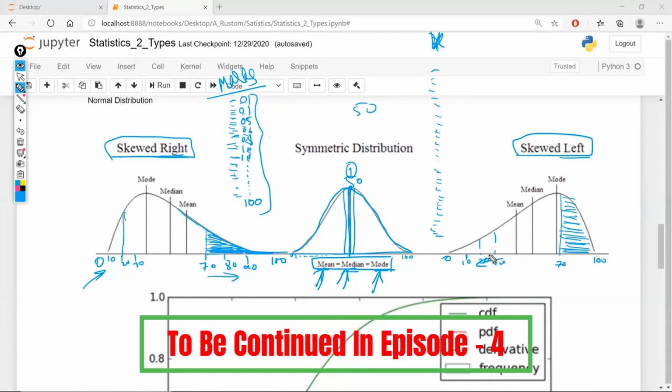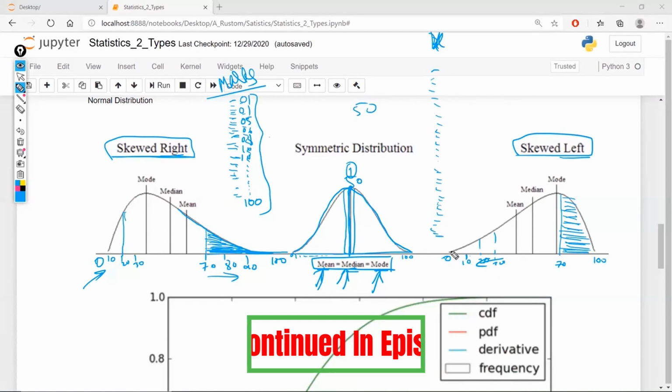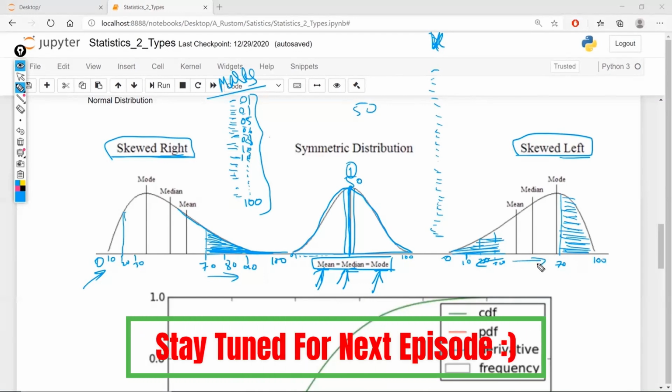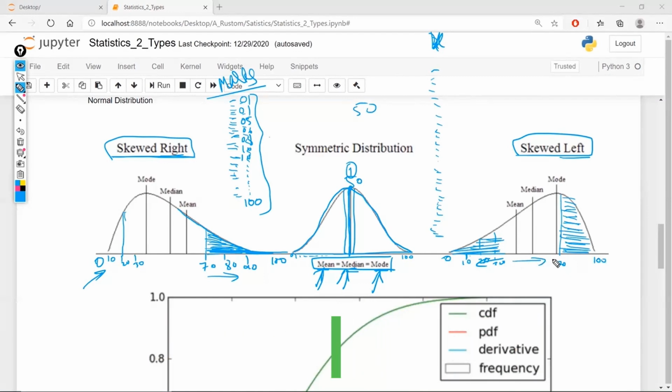However you want to interpret, you can interpret it that way. Here the count is low, and as marks increase, the frequency increases. That is why you see that the mode is in the extreme right direction. That's how you can interpret.